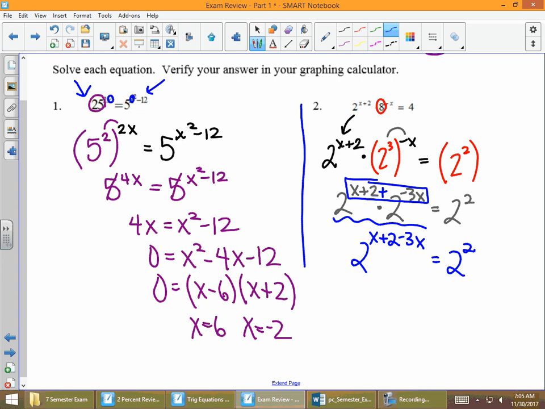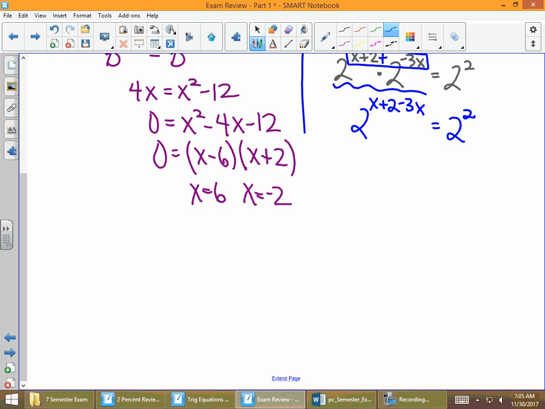Now that I have only 1 base on each side, I can use the property of equality to cancel them. I'm going to combine my like terms here. Negative 3x plus x is negative 2x. We don't have any squares in this problem, so we can just solve for x like normal.